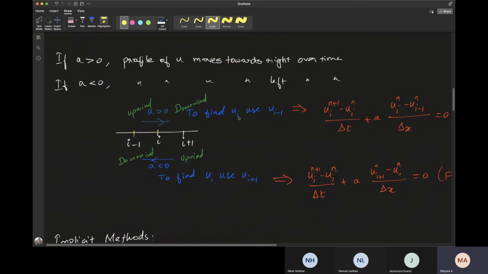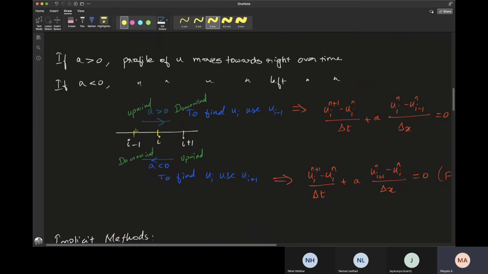Now to find ui, we use ui minus 1 and not ui plus 1, because from ui things will go to ui plus 1 in the next time step. There is nothing coming from that direction since the wave speed is positive. Things are going towards the right only. So to evaluate your value at the ith point, you only use the value of u at the i minus 1 point and not anything on the right.